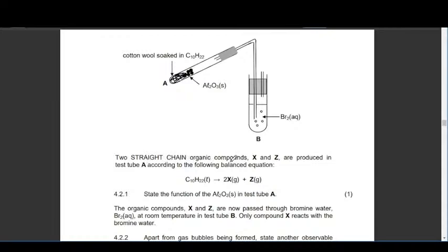Two straight chain organic molecules X and Z are produced in test tube A according to the following balanced equation. They're saying that you have C10H22 gives you 2X plus Z.